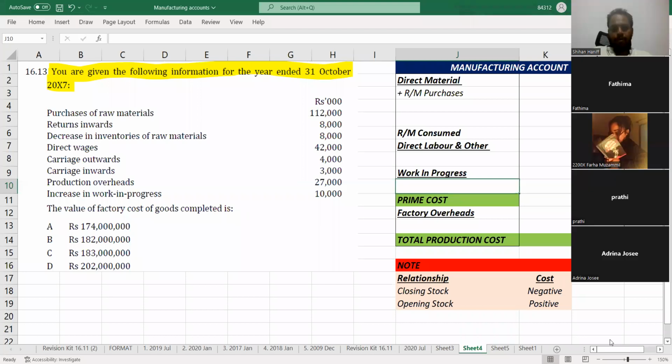Cost of goods completed. This is also a very good question.